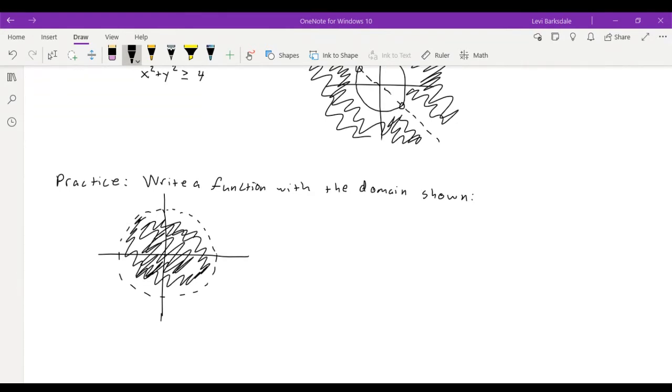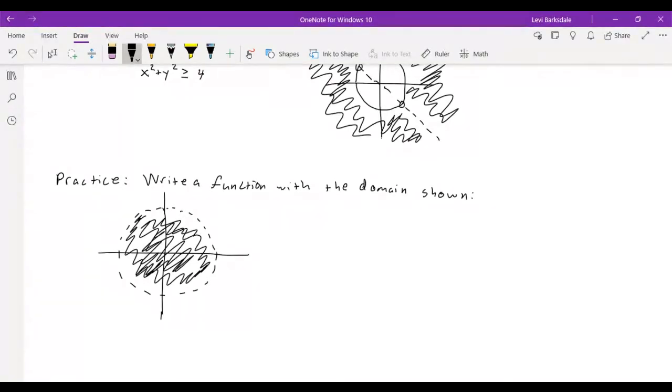All right, how's it coming? x squared plus y squared is equal to 1. Okay, that is a function of two variables. However, if we sketch x squared plus y squared is equal to 1, the domain would actually end up being a circle that looks kind of like this.